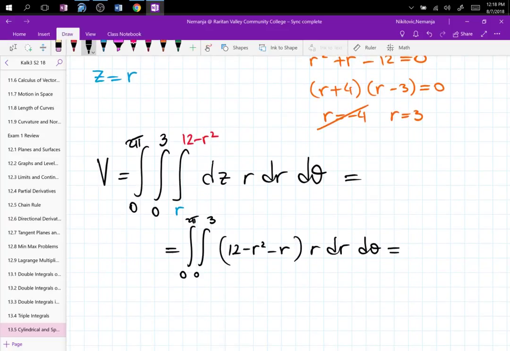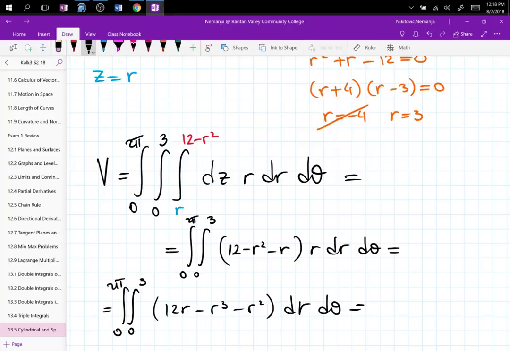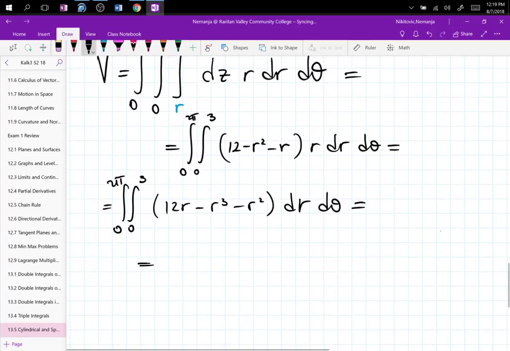You work out that algebra. Multiply by r. We get 12r minus r cubed minus r squared dr d theta, which is 0 to 2 pi.